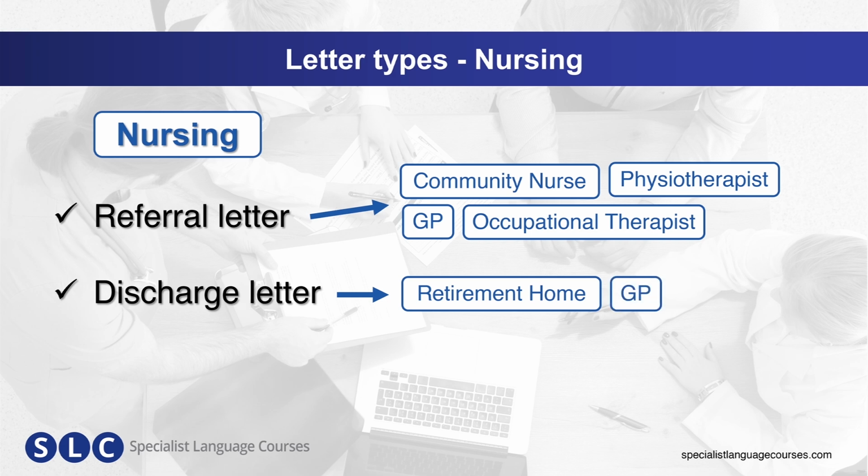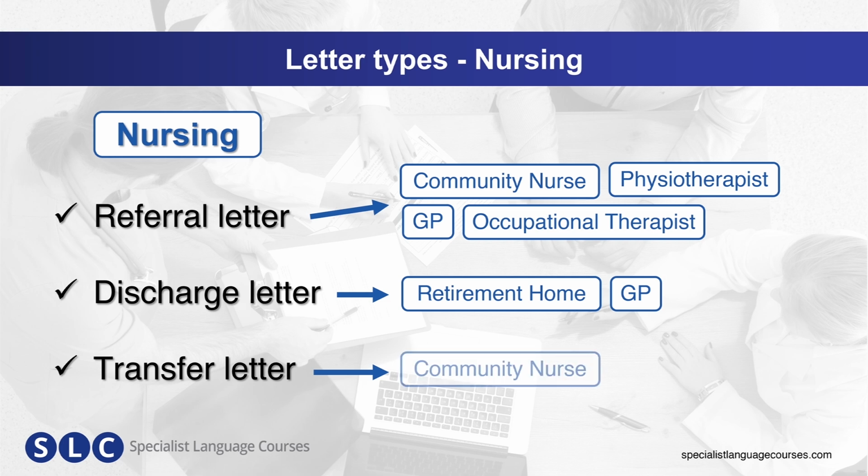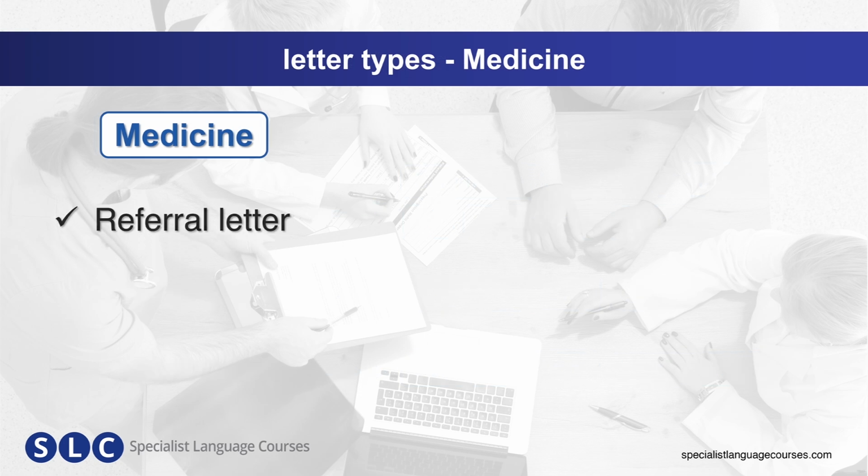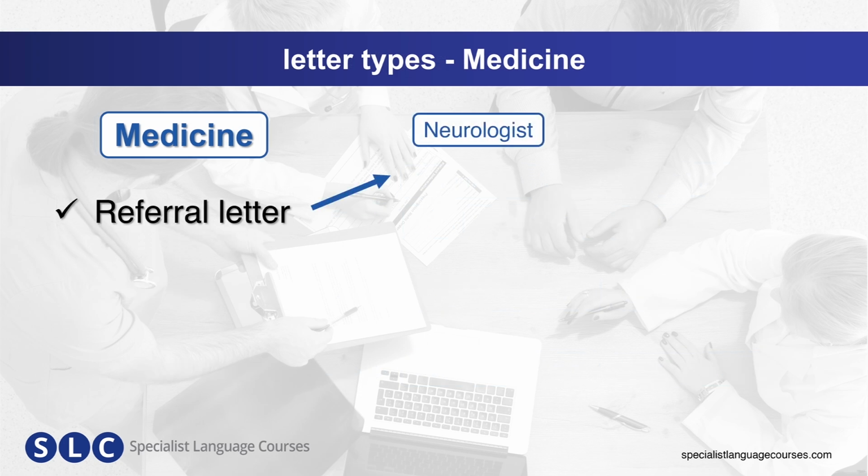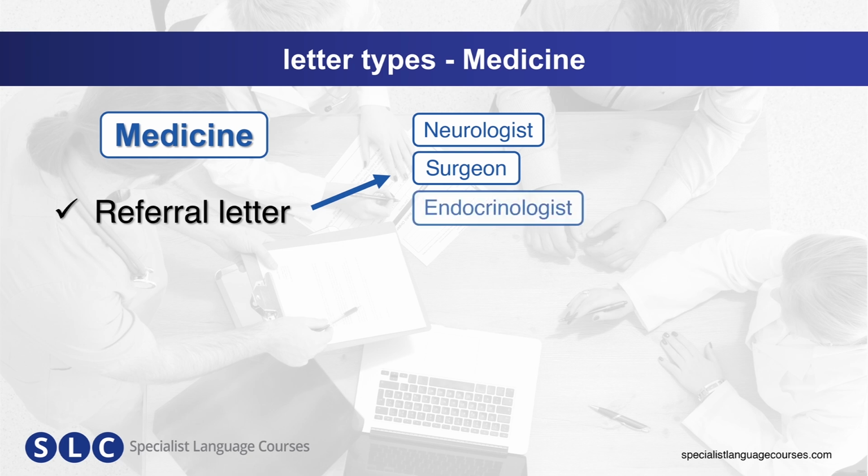And the third type of letter is a transfer letter, where you might be transferring or handing over the care of a patient to a community nurse at another health centre, or you might be transferring care from one hospital to another. For medicine, referral letters are common, for example, to a specialist, such as a neurologist, surgeon, endocrinologist, or another specialist.